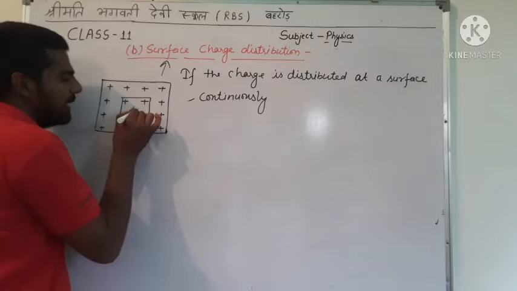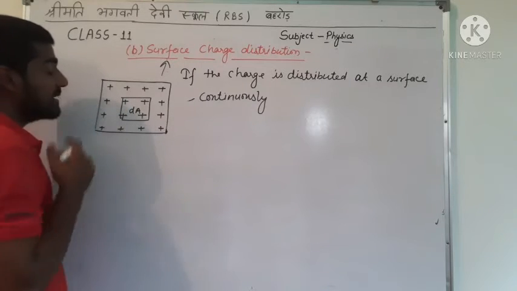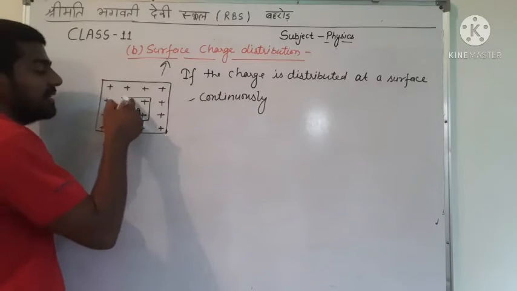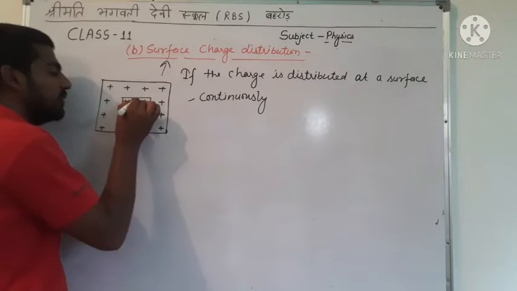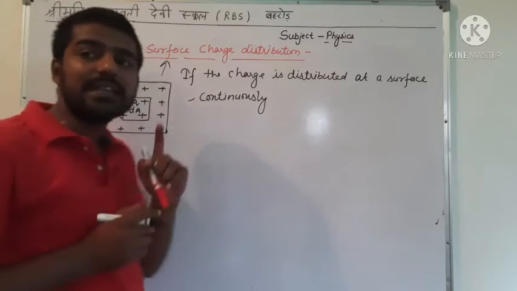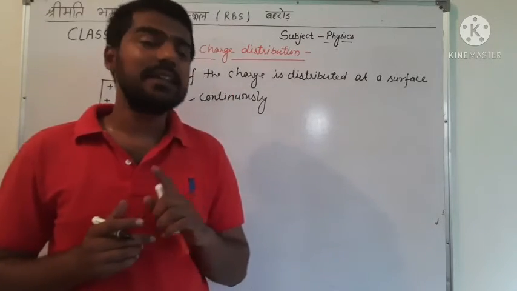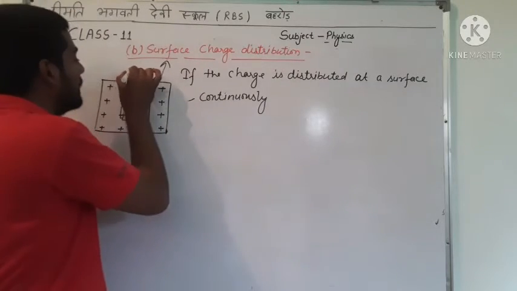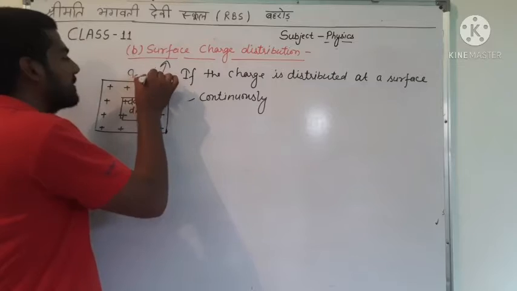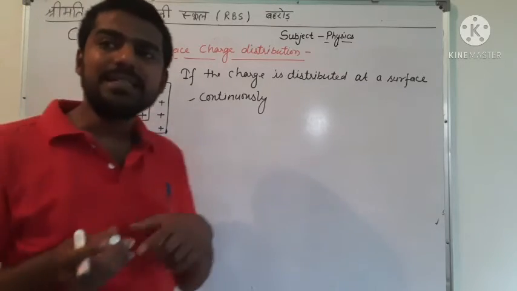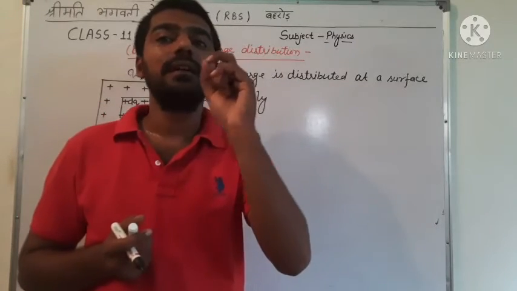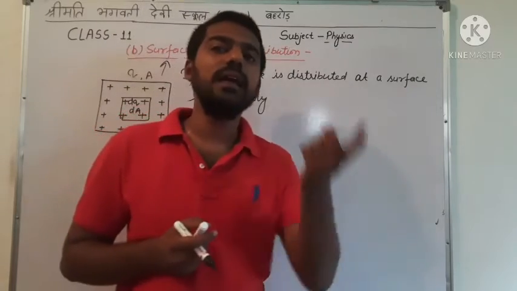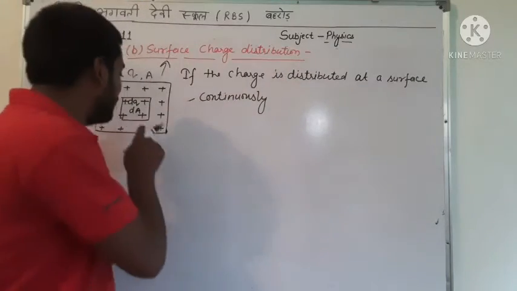This is the small area dA, and the charge available at the small area is dq. The complete area is capital A, and the charge on the complete surface is Q. Let us consider a small charge dq which is distributed at a small area dA.